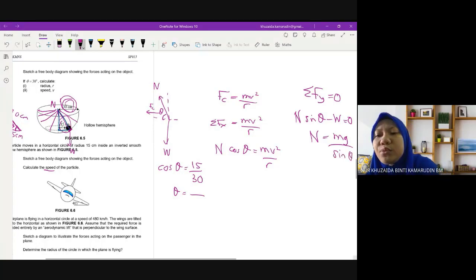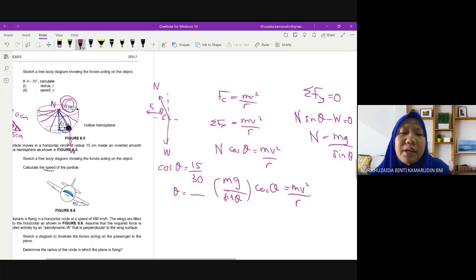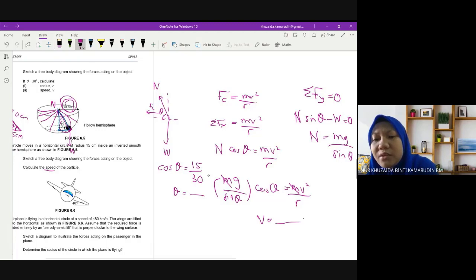Now we have the value of N, so substitute balik dekat sini. You have mg over sin theta times cos theta equals mv square over r. Sebab tu soalan dekat sini tak bagi mass, because you can cancel out the mass kiri dan kanan. Boleh masukkan angle macam biasa, then you can calculate the value of velocity dekat sini, with the unit m s^-1.